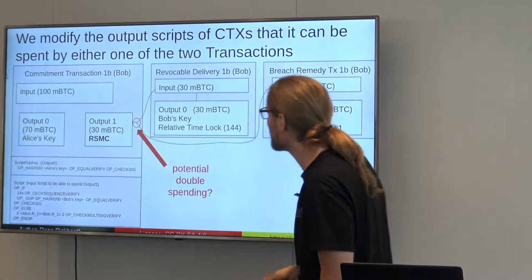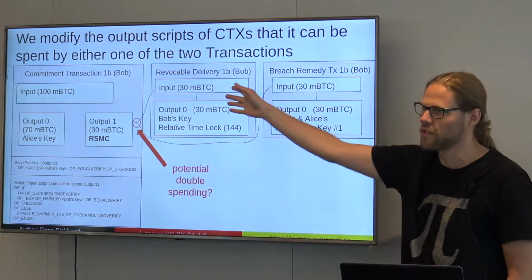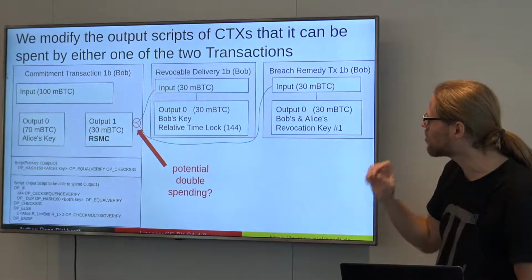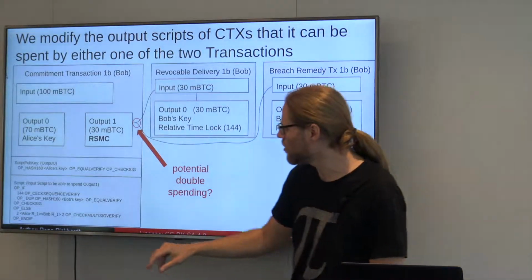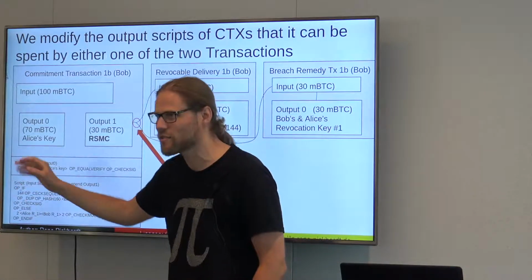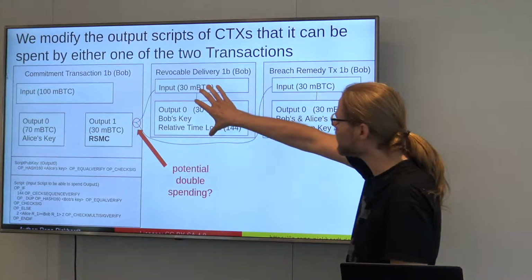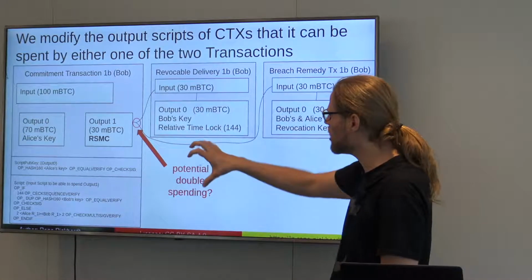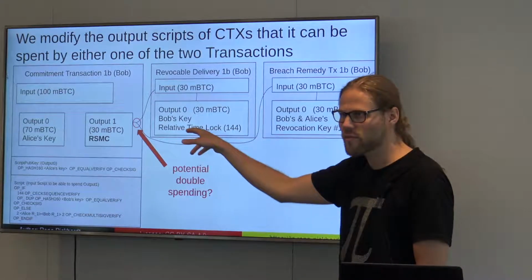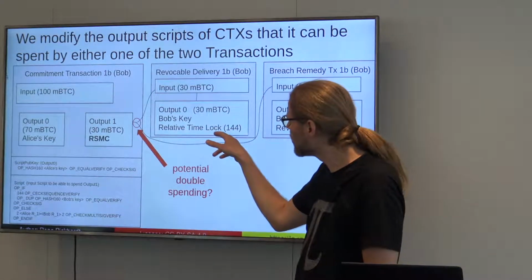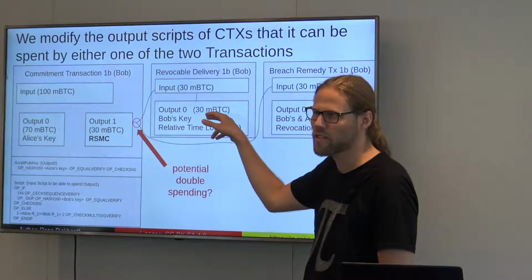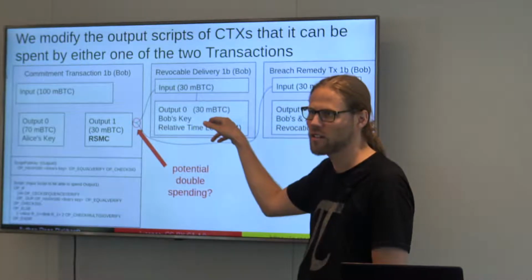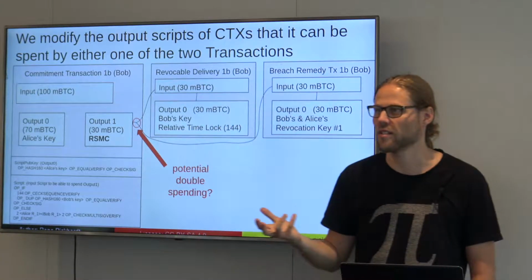It's a little bit technical. Let's rather focus on this picture. Basically, if you look here, it has an if and an else, right? So it says, well, either you are in the case where you have the revocable delivery, which means after a relative time lock, Bob can claim with his key the 30 Bitcoin, as he should be able to do, because these are his funds.